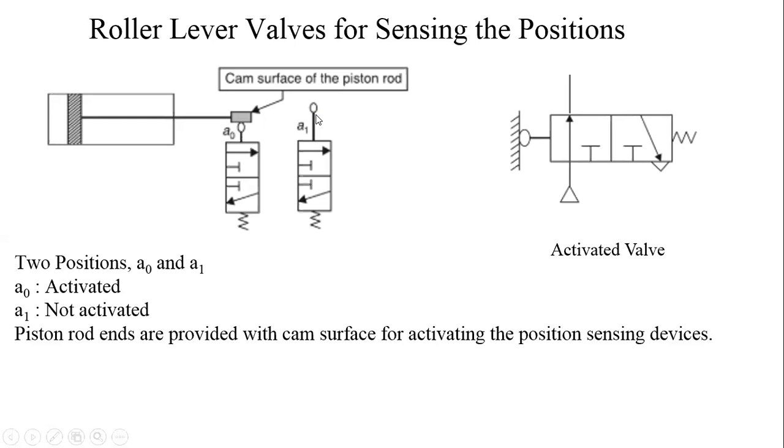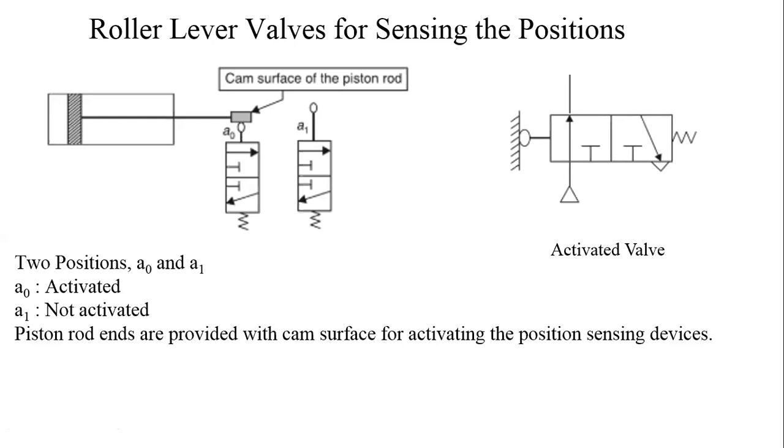When the extension stroke is completed, there again one more roller lever valve is positioned along the path of movement of the piston rod. Now at the end of the extension stroke, this roller lever valve will be activated because this cam surface will touch this roller lever. At this point of time, the extension stroke is completed.